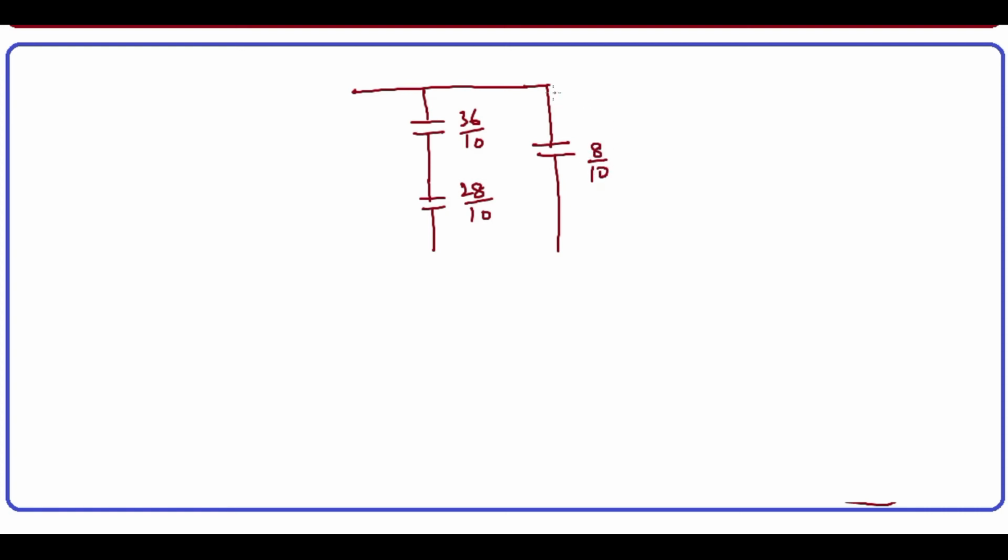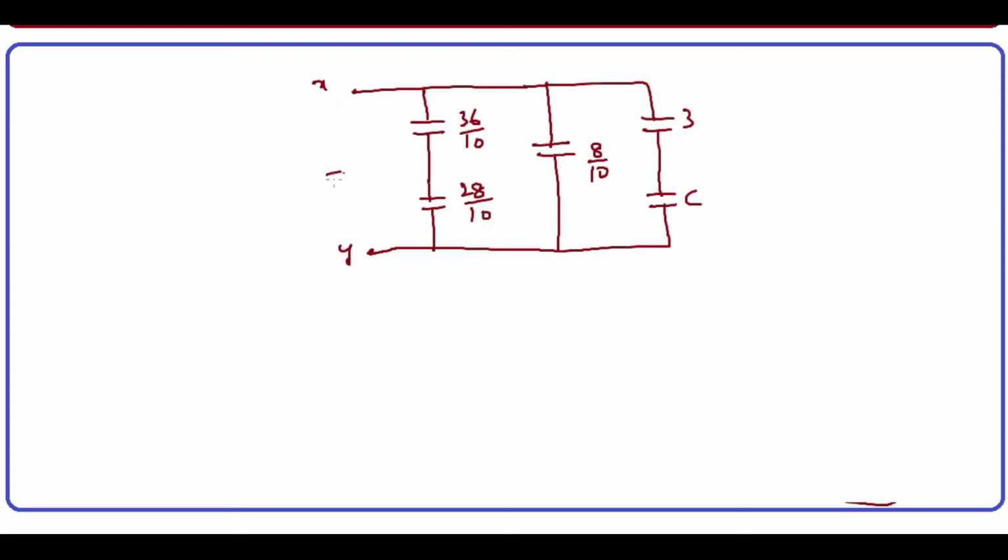So now the circuit will become 36 by 10, 28 by 10, here it is 8 by 10, and here it is 3 farad, and this is our required value C. This is X and this is Y.